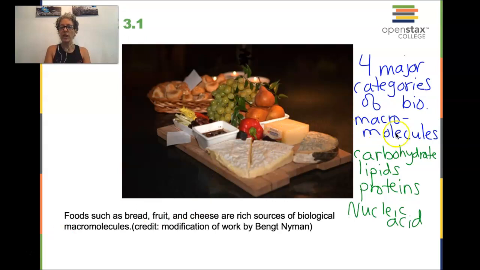So the categories, like I mentioned, are the carbohydrates, the lipids, the proteins, and nucleic acids. And you can think about, for your discussion, which of the foods in this image contain which of those biological macromolecules, and how those relate to the nutrients that we get from those foods.